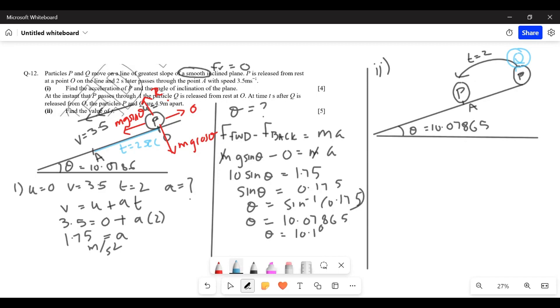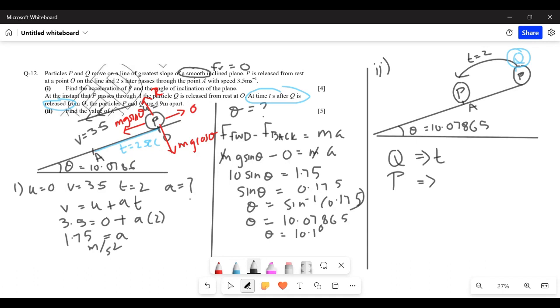Let me read that again. At the instant that P passes through A, particle Q is released from rest at O. At time t seconds after Q is released from O, the particles P and Q are 4.9 meters apart. Okay, so time for particle Q is t. So then time for particle P is going to be, P was released 2 seconds before Q was released.